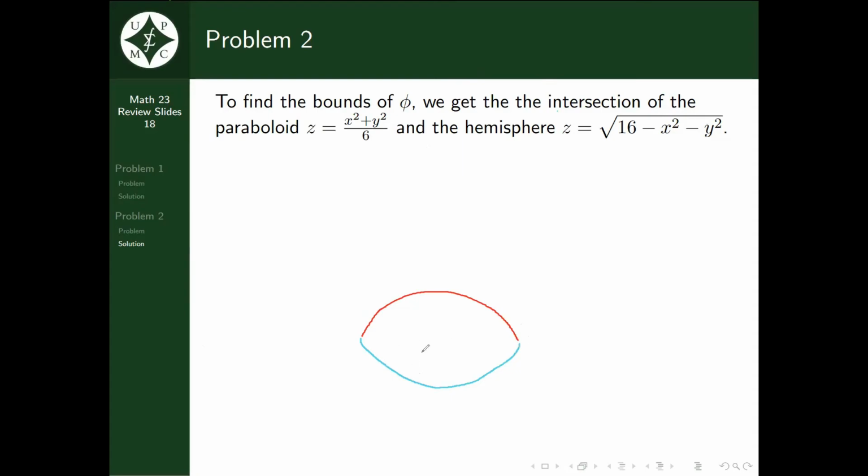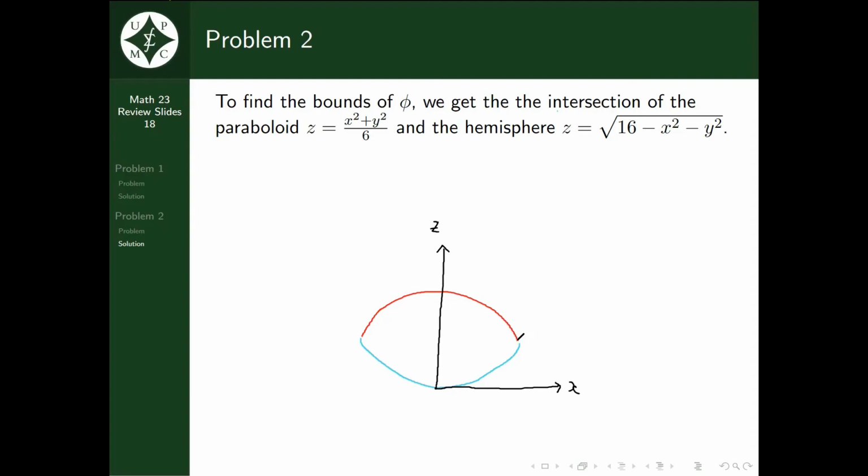Let's just assume that that is a paraboloid, a parabola shape. Then we project it onto the xz plane, for example. So this is our projection.